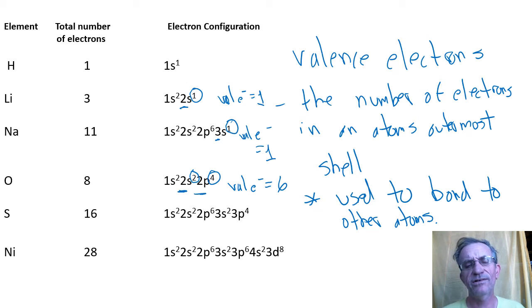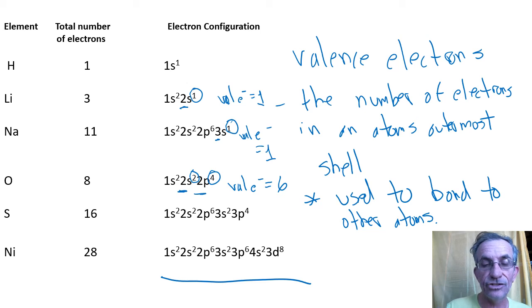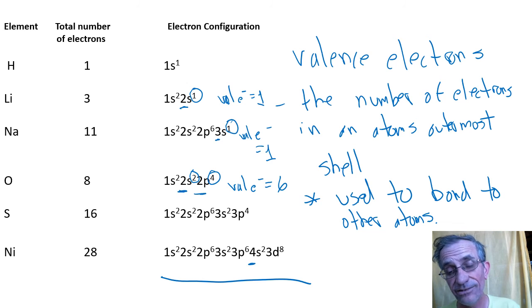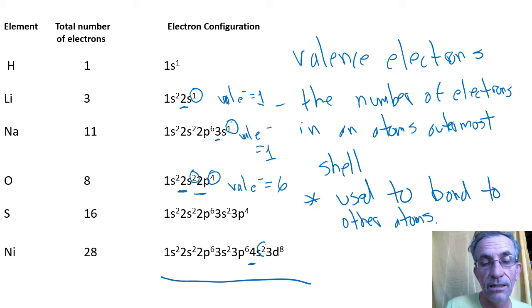All right, it can even get more complicated, honestly. Nickel. Let's go down to nickel for a minute. What's the outermost shell? What's the highest shell you see for nickel? The highest shell I see is shell number 4. So you notice it's not necessarily the last thing you write. And in that 4th shell, there's 2 electrons.